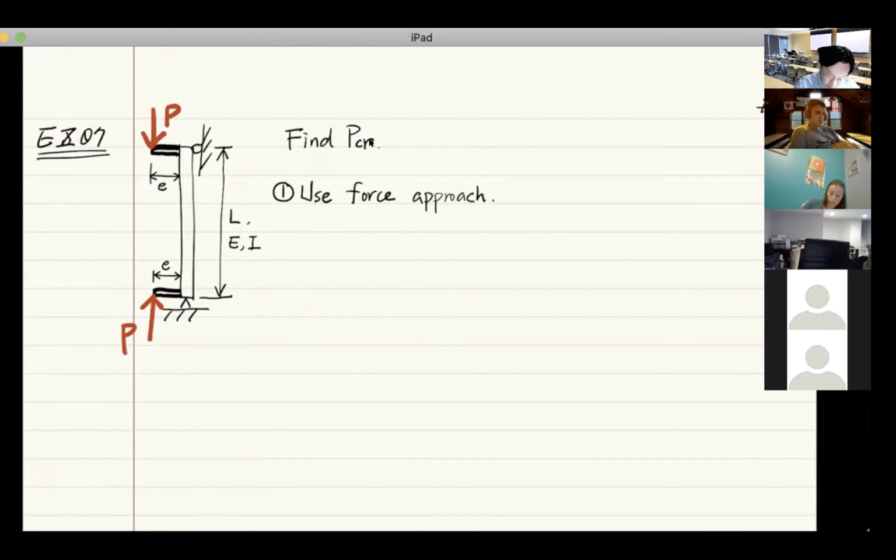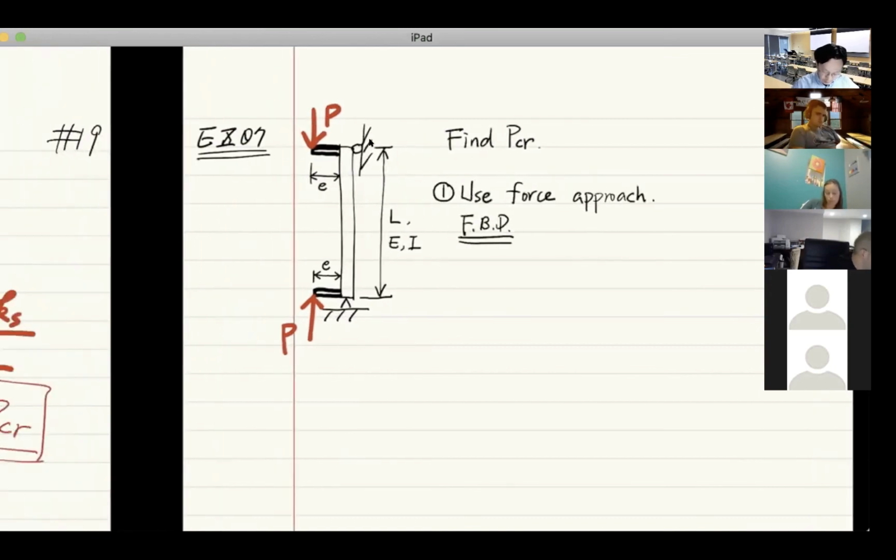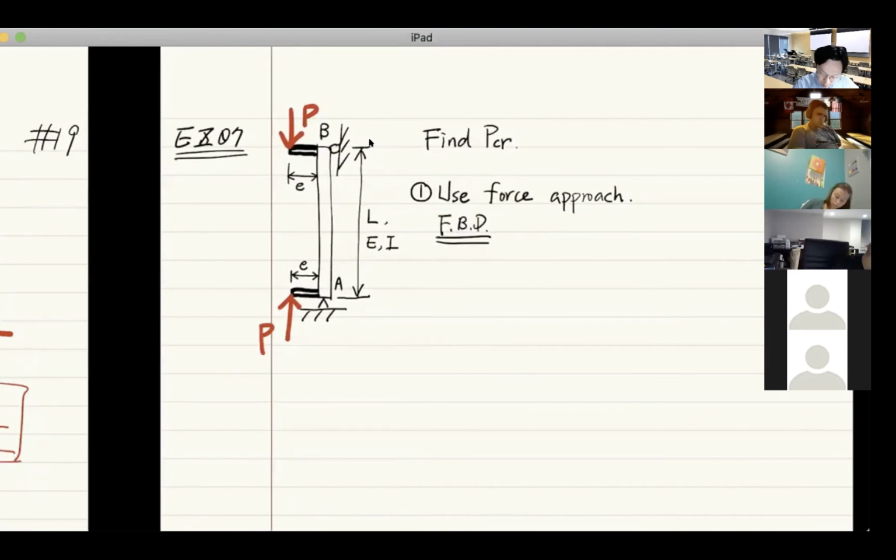And to do that, we need to have the free body diagram. The free body diagram, of course, we can take from both ends. Suppose one end is A, the other end is B. And again, suppose I want to look at this end.